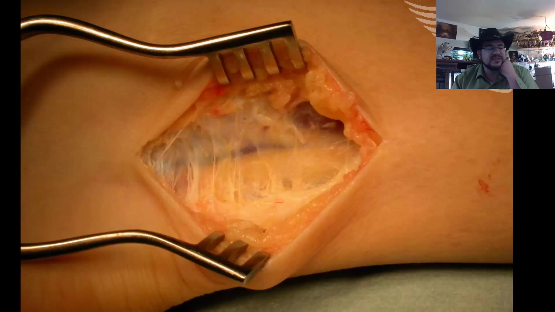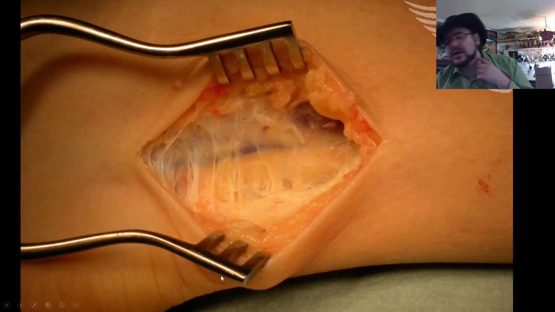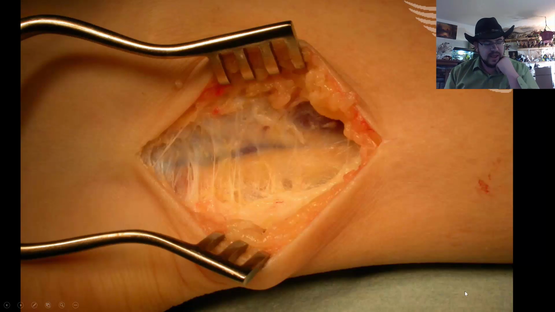Of course, I have a nice picture here. We can see this loose, fibrous connective tissue. So what you're seeing in here is a little incision into an ankle. So this is our Achilles tendon, right? And we've got the heel just slightly out of view at the bottom. And we've got this incision right here.